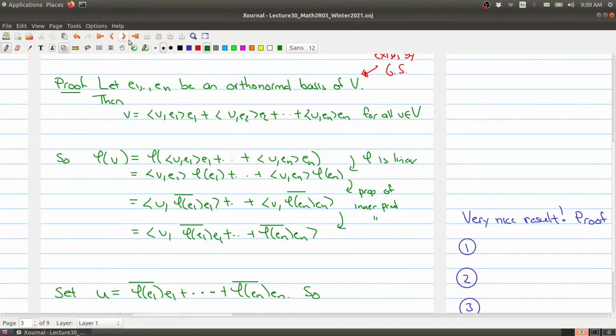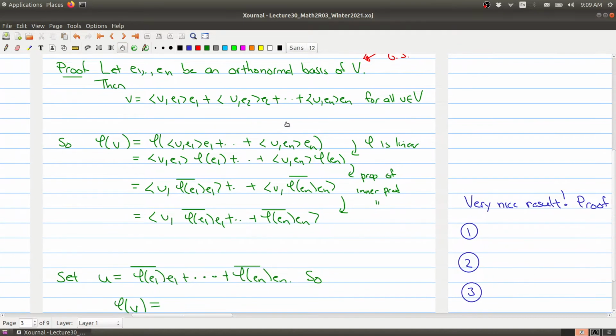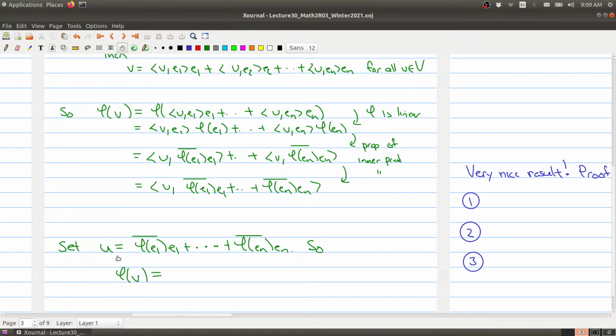So notice that phi evaluated at v is the same thing as the inner product of v with this particular element here. And on the right hand side, there's nothing corresponding to v. It's all in terms of your basis that you found. So what we do is we set u equal to the element that showed up in the second slot.